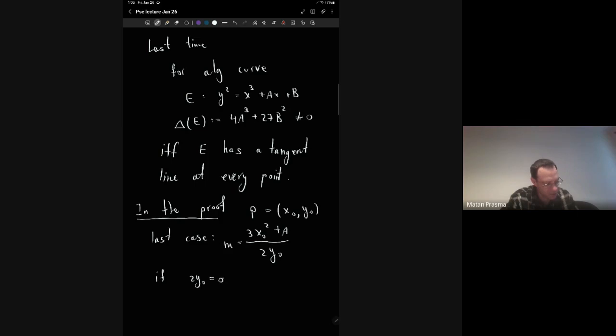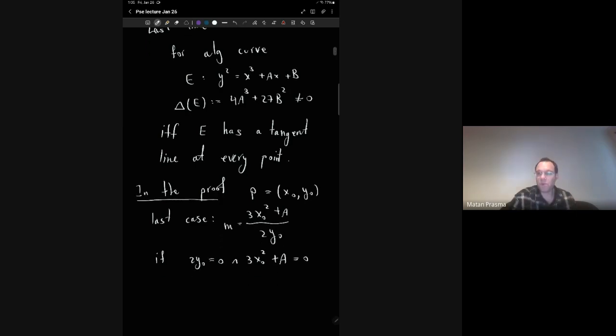But if 2y0 is 0 and 3x0 squared plus a is also 0, then what do we do? What we did is we substitute, instead of a, we replace it with minus a, because clearly for positive a, the second condition cannot happen.